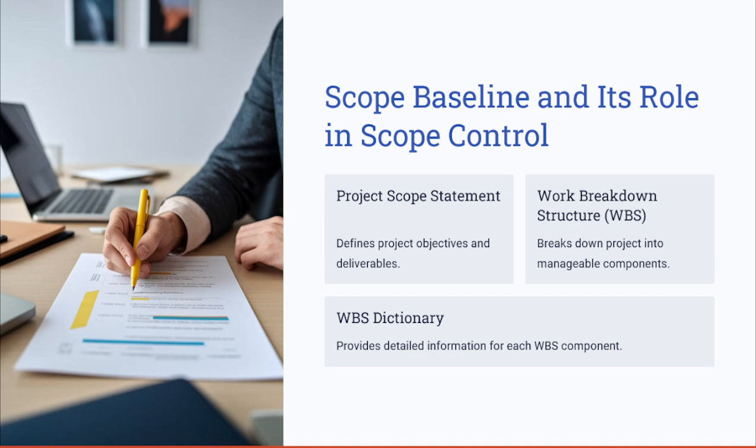The WBS is used as a reference for measuring the scope performance, and it gets updated only when approved changes occur. The WBS and WBS dictionary are very critical documents because they serve as the key baseline to the scope, including the project scope statement.